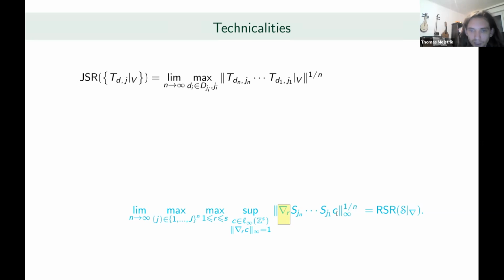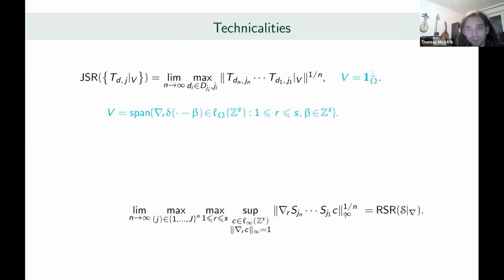To show that these two numbers are the same actually boils down to showing that this vector space orthogonal to the vector of 1s is the same as this vector space here. This vector space is the span of all vectors of 1, minus 1.